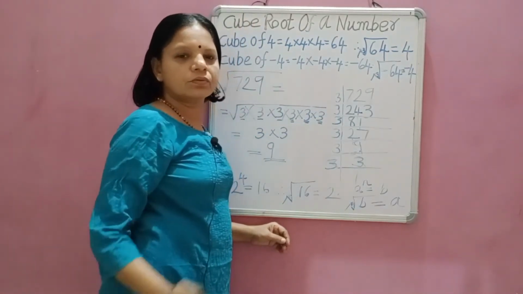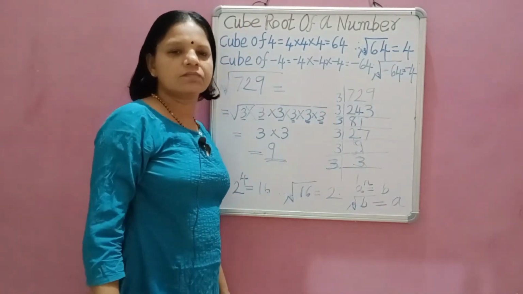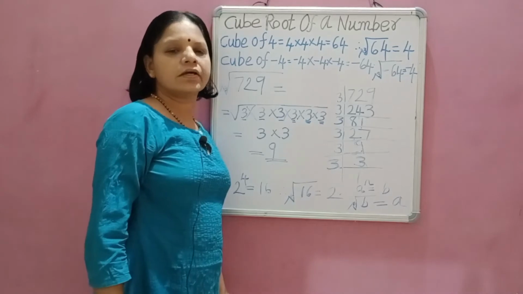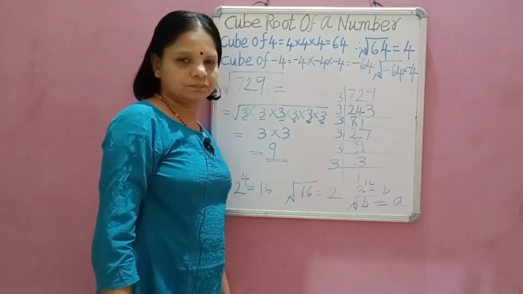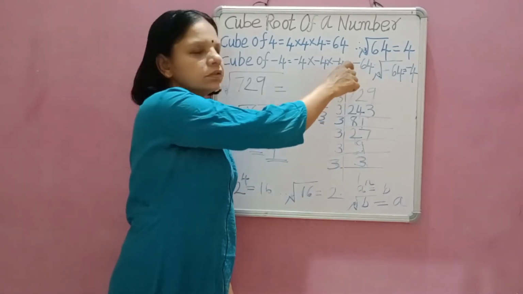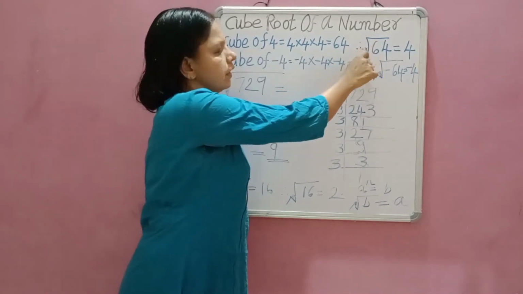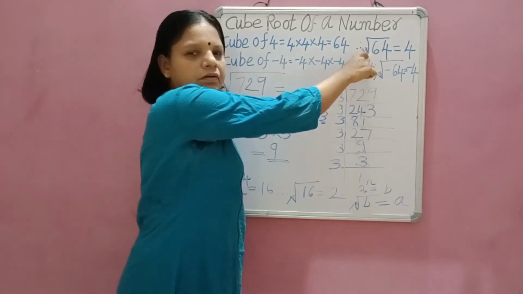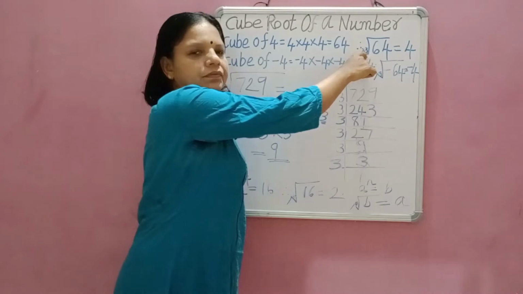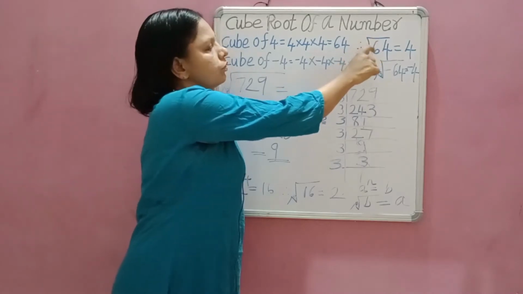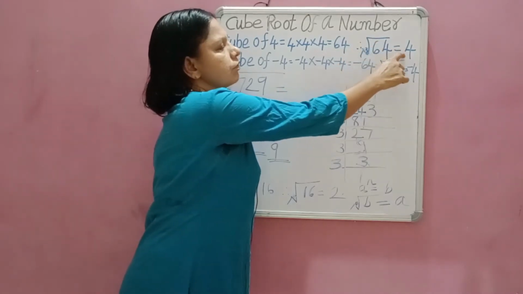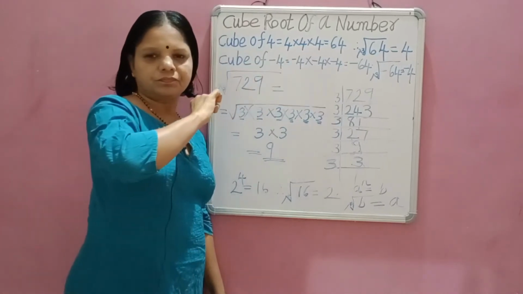The number 2 is not necessary to write. It is understood that it is the second root or square root. For cube root, you have to write 3 here outside. So cube root of 64 is equal to 4.